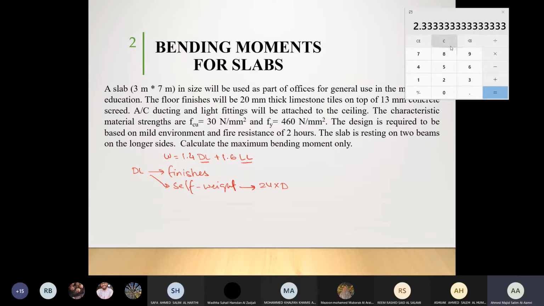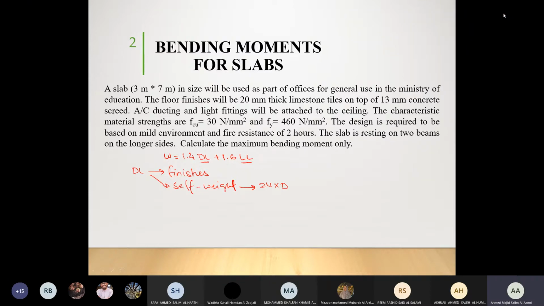Can you see the depth has been given or not yet? How much is the depth in this scenario? Not given.